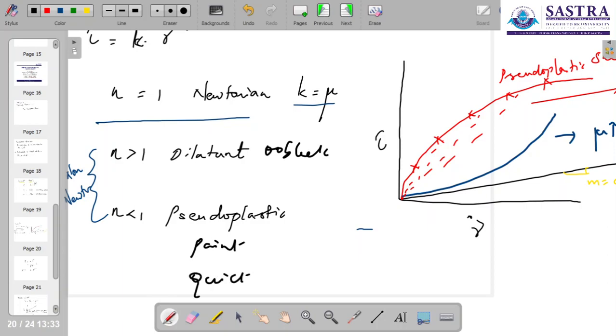Quicksand, if you actually see, will be rigid as long as you don't apply a force, but the moment somebody steps into it, it yields. The person falls into the sand. So this is the case of a pseudoplastic fluid, because normally it looks like sand and you will be able to stand on it, but the moment you apply a force on it, the moment you walk, it yields, and we fall. So quicksand is another classic example of a pseudoplastic fluid.